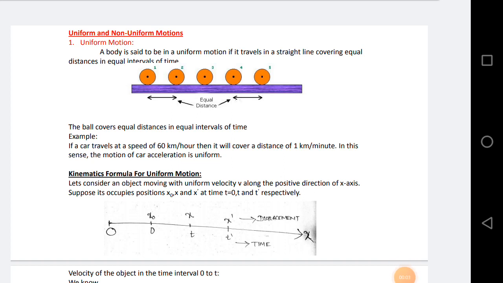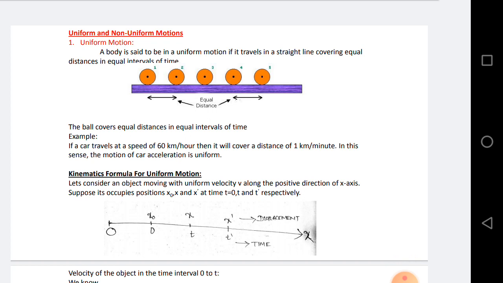In this video tutorial I am going to teach you about uniform and non-uniform motion. You must have learned about uniform velocity and uniform speed.